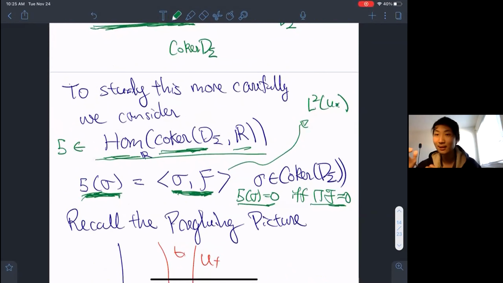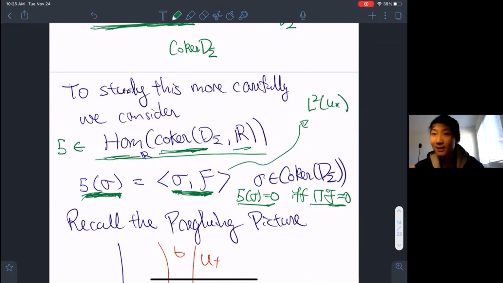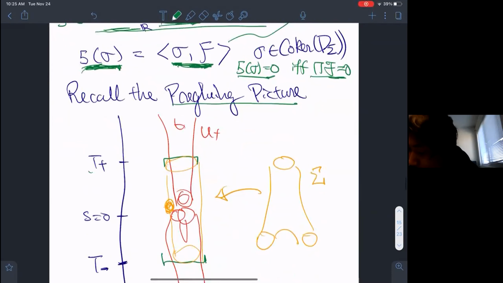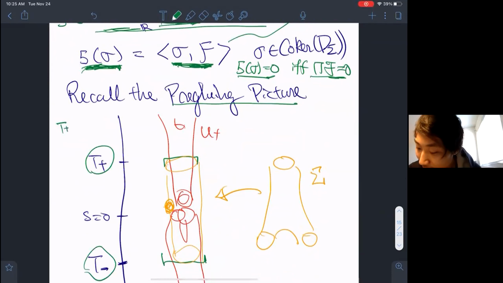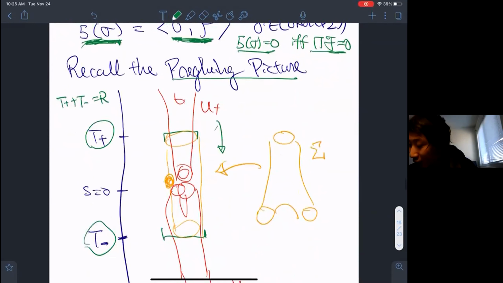So if this seminar is any guide, you're trying to set this up as a section of an obstruction bundle. So what is the base of the obstruction bundle? Recall in the pre-gluing picture, we had two parameters, t plus and t minus. We said their sum has to be fixed because that's our gluing parameter, but they're allowed to vary individually. You can make u plus closer to the origin at the cost of making u minus further away.